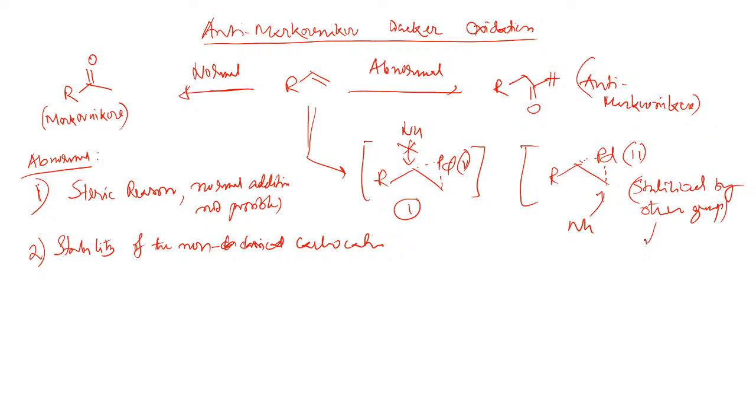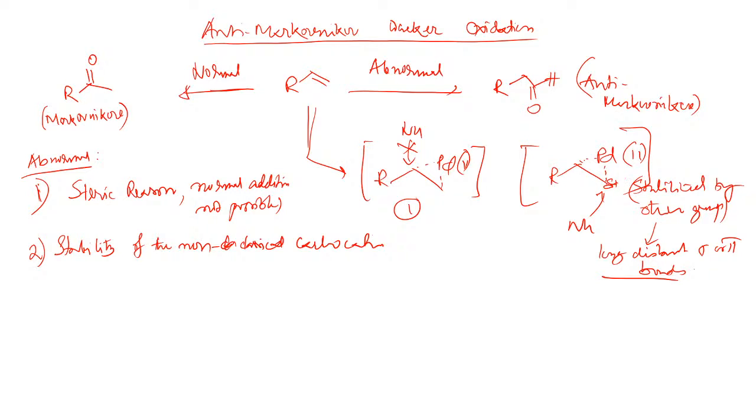And by other groups I mean long distance sigma or pi bonds. So that is the non-classical carbocation stability. So if the carbocation is generated here and that is stabilized by a long distance double bond or long distance sigma bond, then you can get the anti-Markovnikov addition.